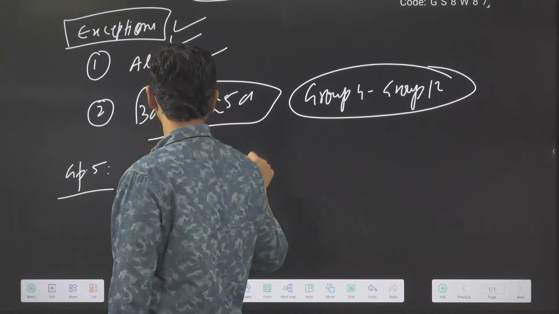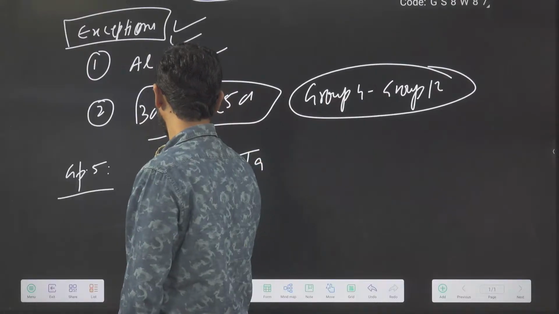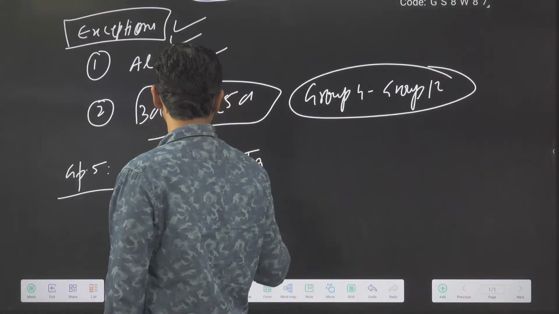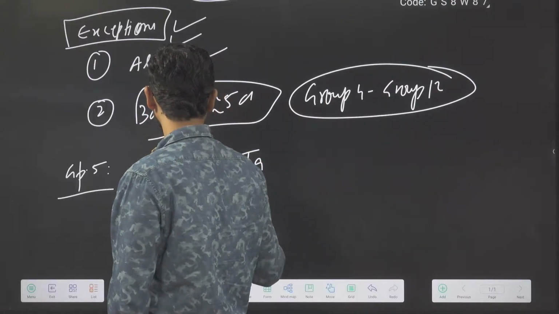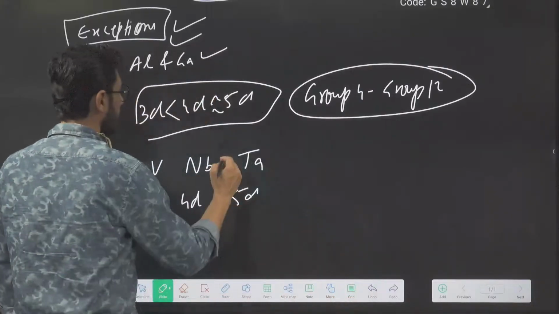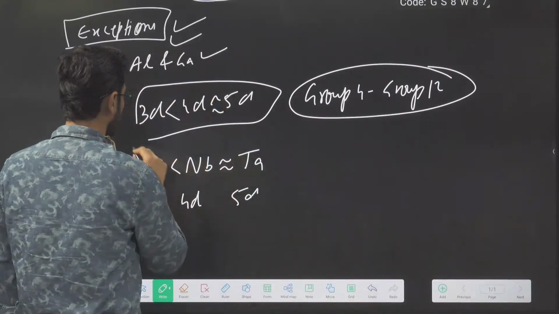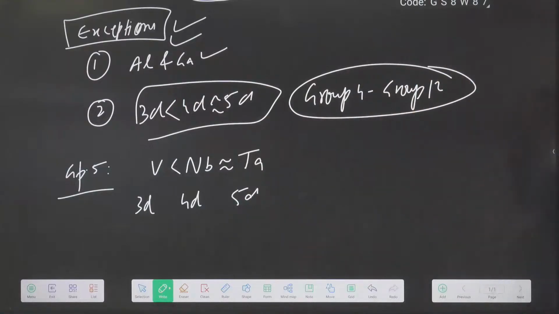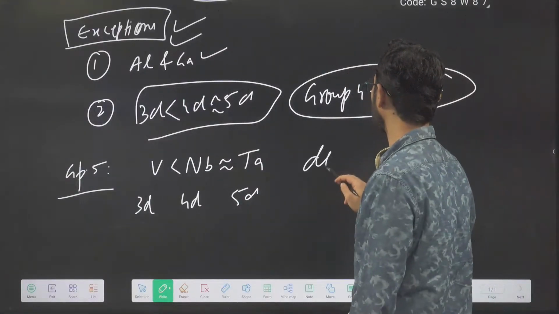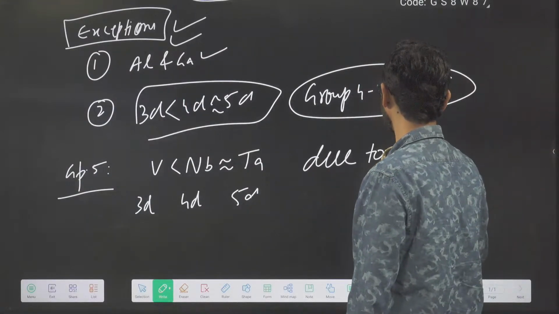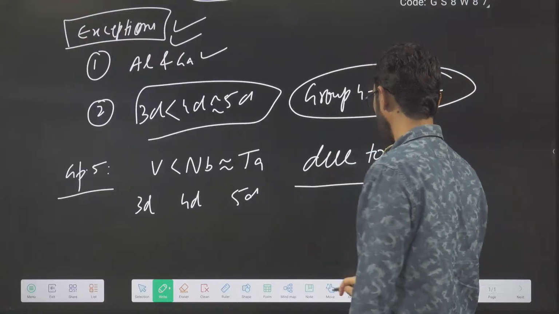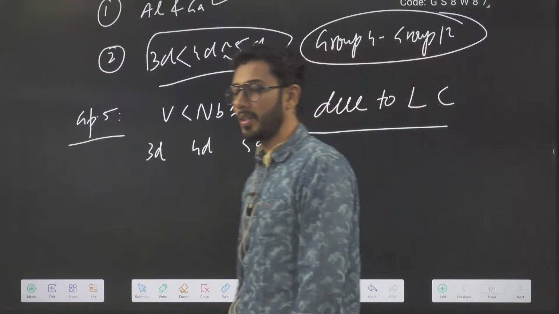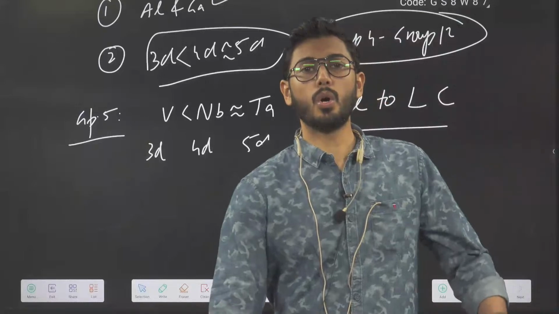Vanadium, niobium and tantalum, 3D, 4D, 5D. What's the reason for that? Due to lanthanide contraction.